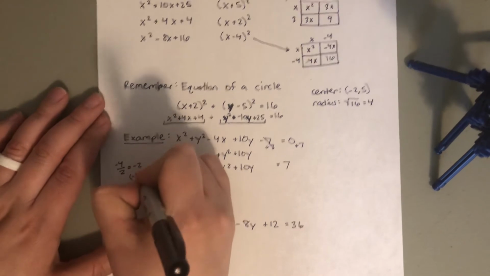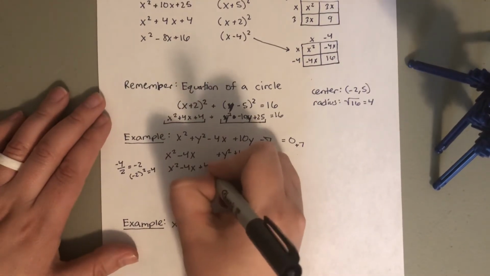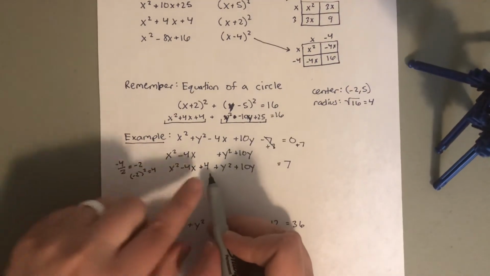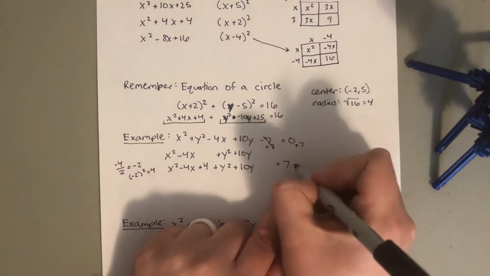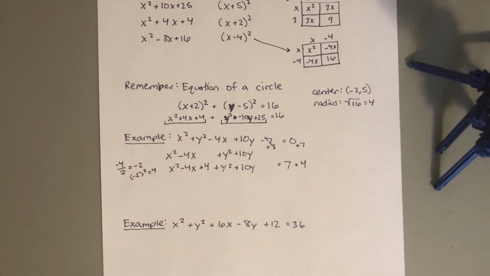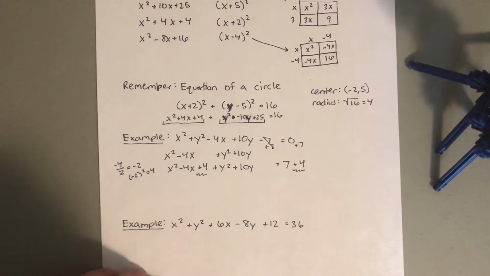And then I square that -2, and I get a +4. So this really should be a +4 in there. But if I add a 4 on this side, I also have to add a 4 on this side because it's an equation. So I'm also going to say +4 over there. Okay, so this gets evened out with that.